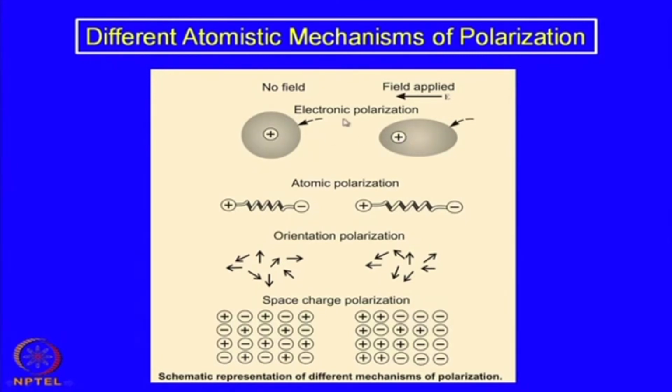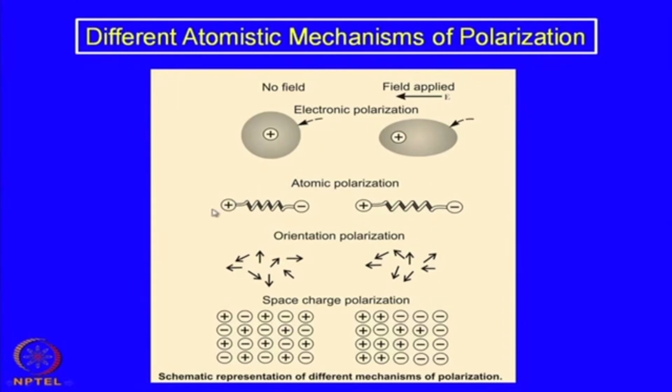So, just by applying an electric field, there is a redistribution of the charge, and therefore, you will get a dipole moment and the particular atom gets polarized. So, that is happening at the atomic level within each atom. Each of these atoms will have electronic polarization set in when an electric field is applied.